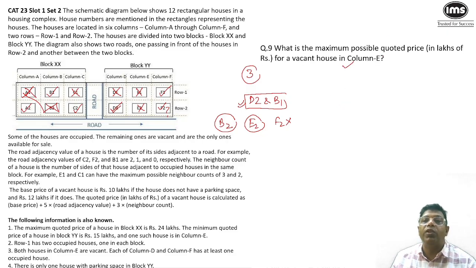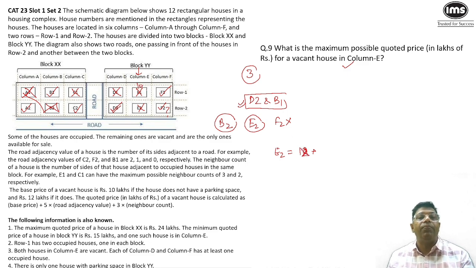What is the maximum possible quoted price for a vacant house in column E? So obviously E2 might have the maximum quoted price. So let's calculate for E2. I will not take 12 lakh as the base price, because while making the question we had the option of 12 plus 3 for parking, but parking is already occupied by E1.